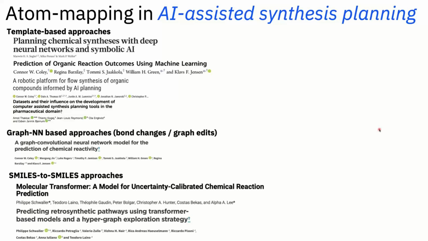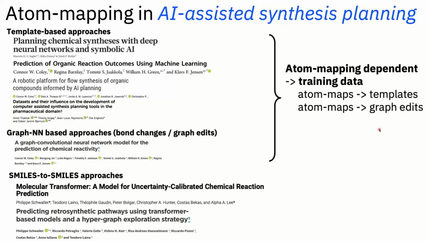And as I've shown you in the beginning, we have those sequence-to-sequence, SMILES-to-SMILES approaches, like the ones that we developed at IBM. If we look at the two upper approaches, then they are both atom mapping dependent. Template-based approaches require atom-mapped training data to extract the templates.